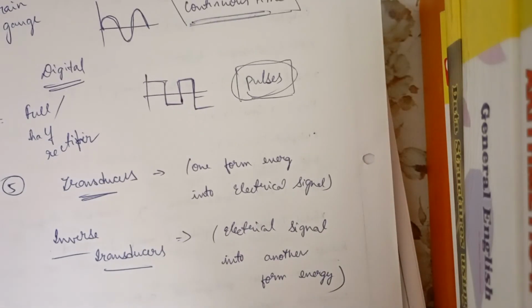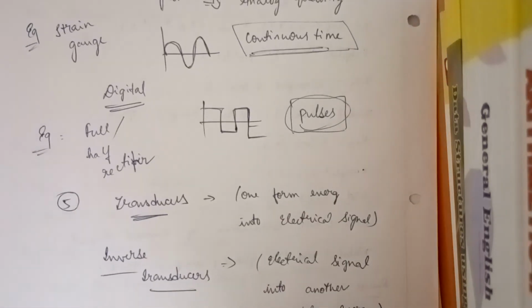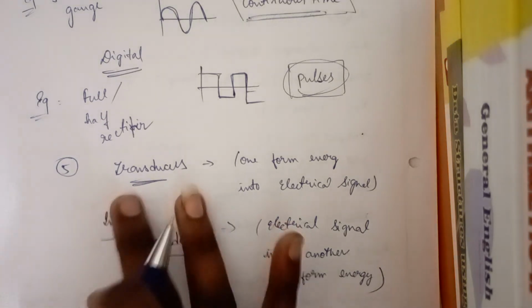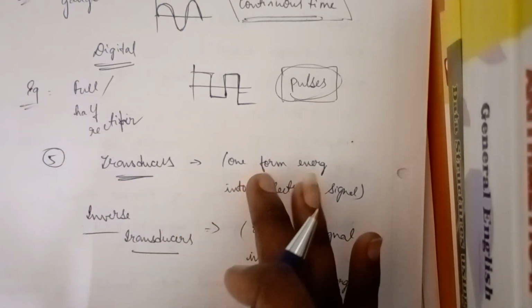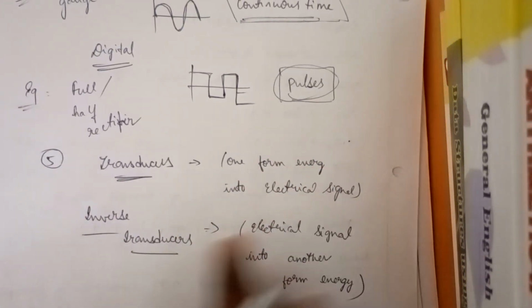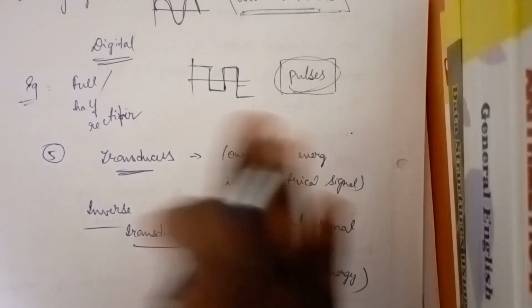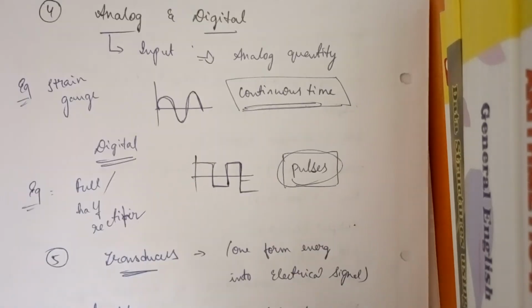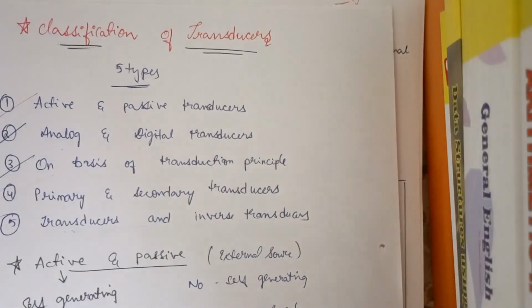So this is about the last type of classification, that is transducers and inverse transducers. A basic transducer converts one form of energy to electrical signals. An inverse transducer does the reverse operation, converting electrical signals into another form of energy. So these are the different types of classification of transducers.